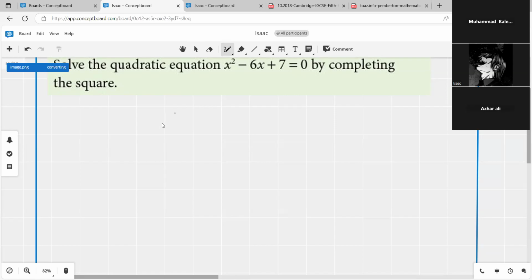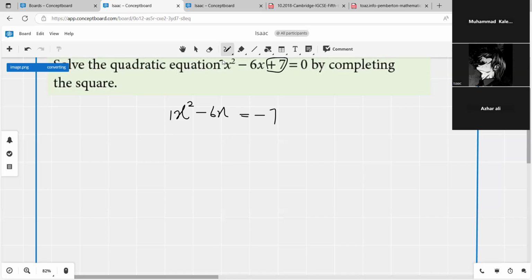So first of all, you have to take the constant to the other side. And the other thing that you have to do is make your x square's coefficient 1. If it is not 1, then you have to make it 1.